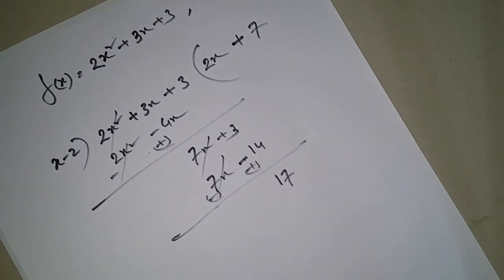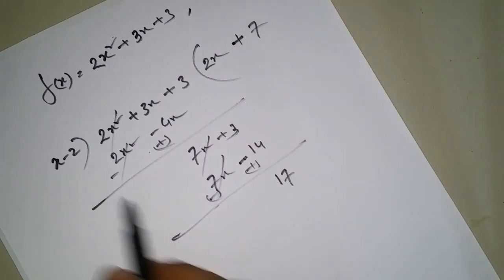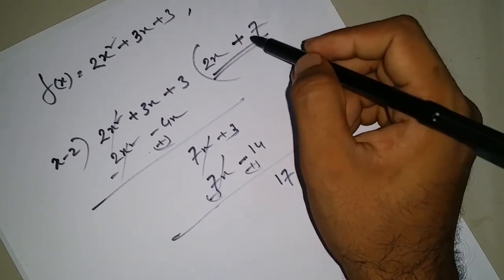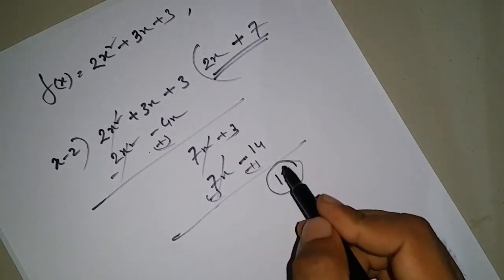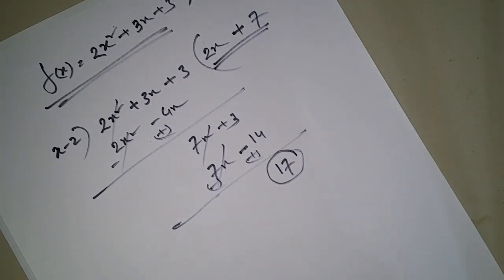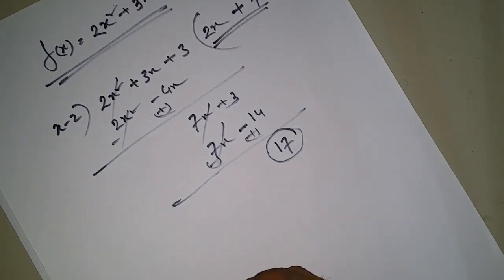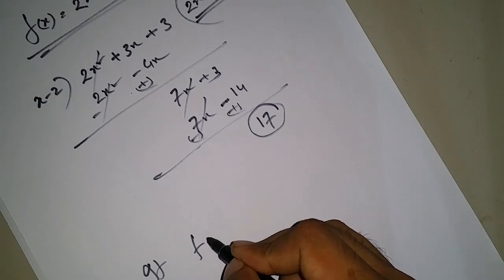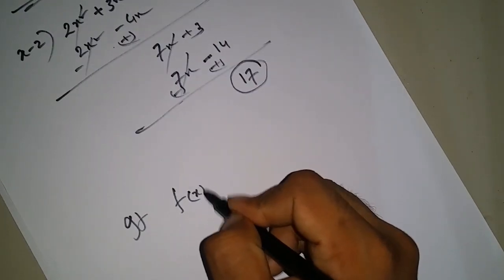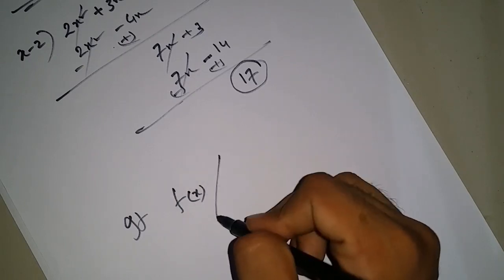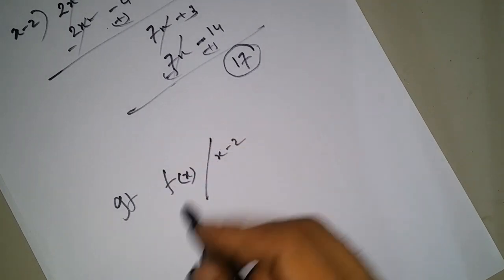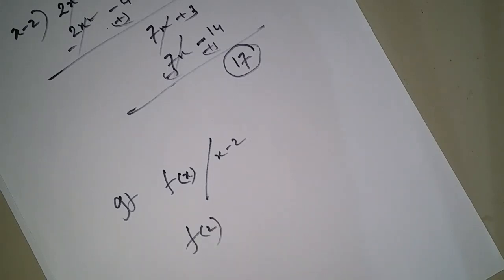So if we divide f of x by x minus 2, we get quotient 2x plus 7 and remainder 17. The remainder theorem says that if we divide f of x by x minus 2, then the remainder of this division will be f of 2.